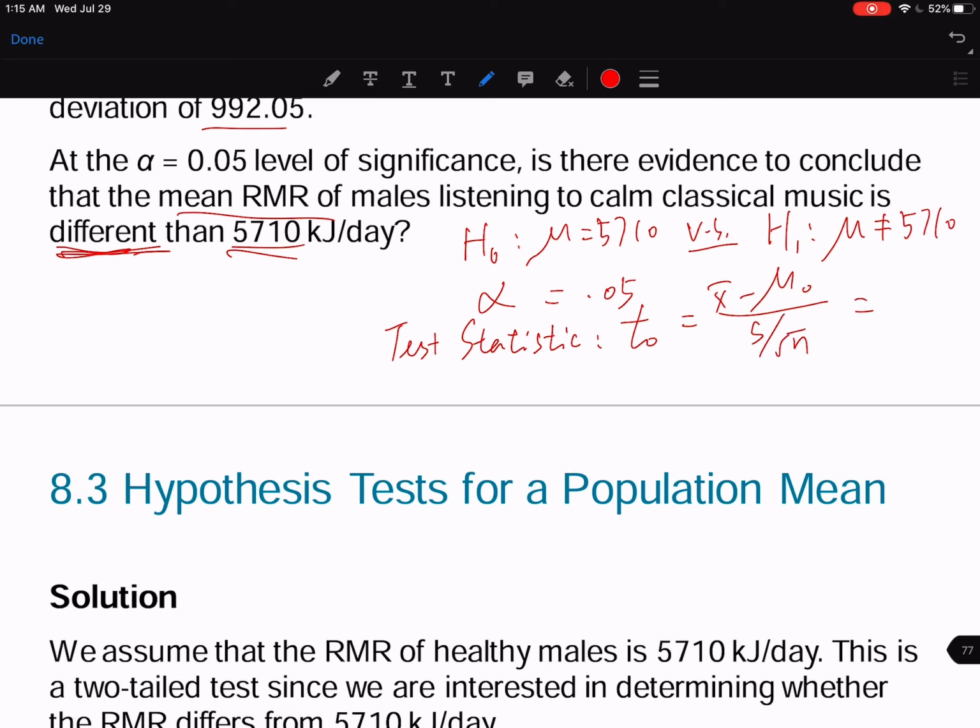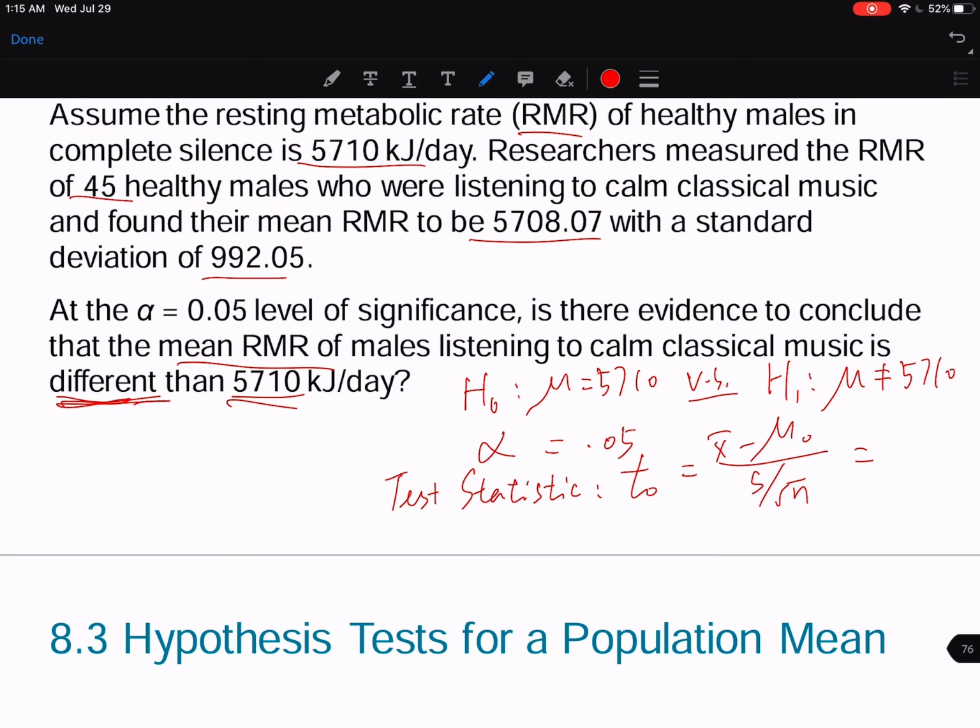So of course x bar is 5708.07. I think it might be a good idea to write it down here. 5708.07 minus mu sub 0, which is 5710, divided by the sample standard deviation, which is given here, 992.05, divided by the square root of n, square root of 45, right?